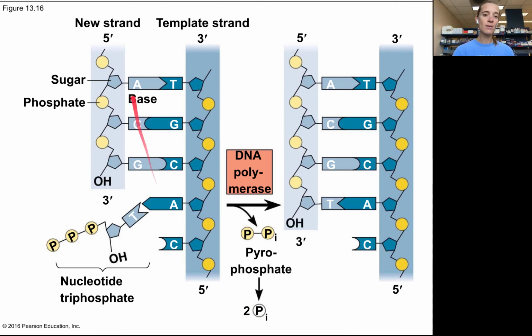And so this is the same thing that's going to be happening here in the newly synthesized strand. So the newly synthesized strand has a 5' phosphate, sugar, phosphate, sugar, phosphate, sugar, and the sugar at the 3' end has a hydroxyl function that will react with the nucleotide triphosphate.